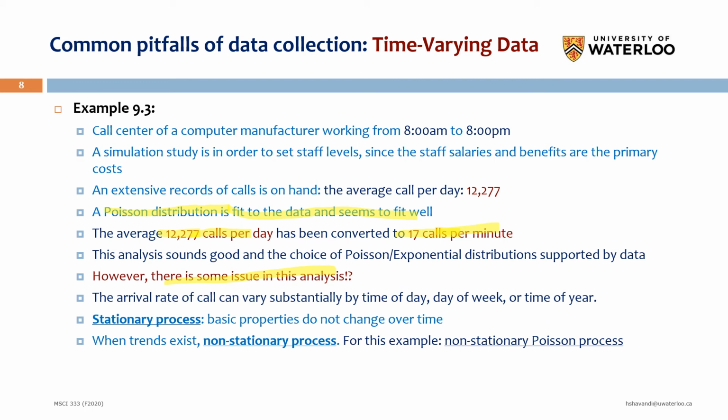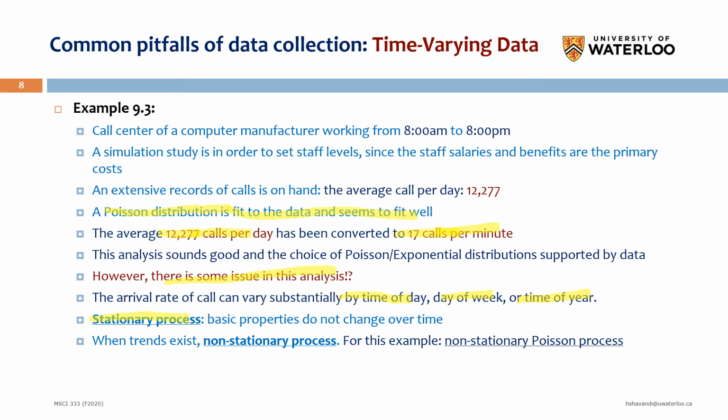The arrival rate of calls can vary substantially by time of day, day of week, or time of year. Yeah, so it's not constant, right? So can we assume a stationary Poisson process for the whole year?